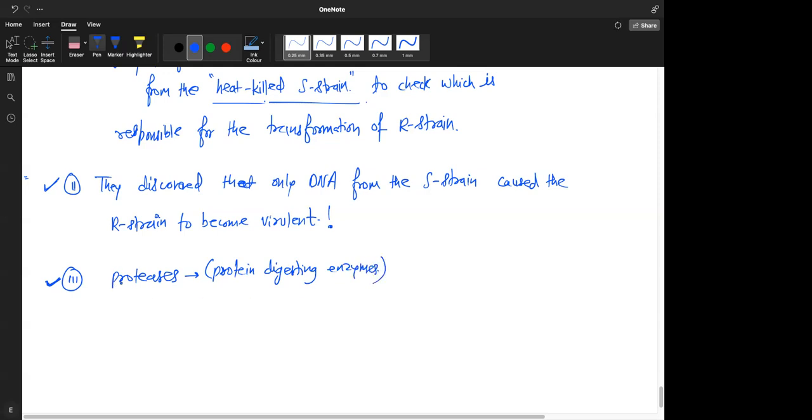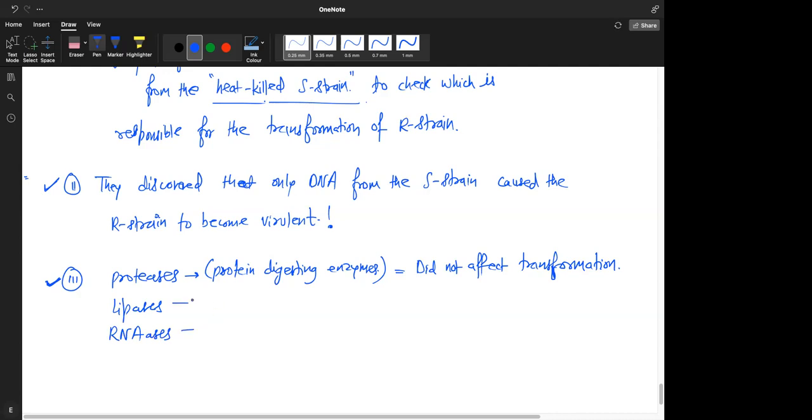And when they used proteases, the transformation was not affected, which tells us that protein is not responsible for transformation, because even if you degrade protein, transformation is not affected. Then they used lipases, similarly they used RNases.